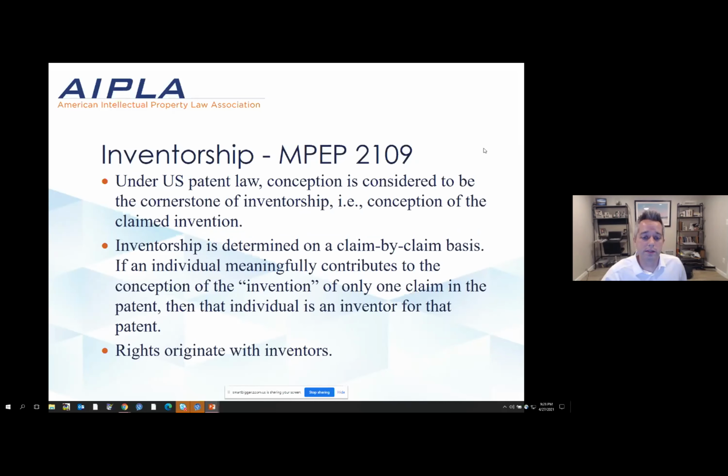So in the US as well, it's determined on a claim by claim basis, not the invention as a whole, but we look at each claim individually and ask the question, did this person meaningfully contribute to the conception of the invention as defined by that claim? So as long as you contribute to at least one claim in the patent, you are an inventor of the whole patent.